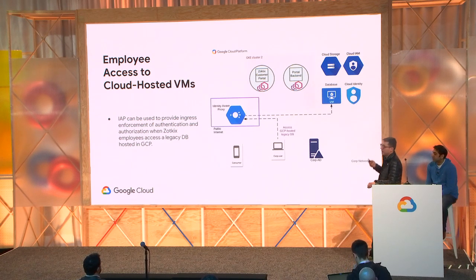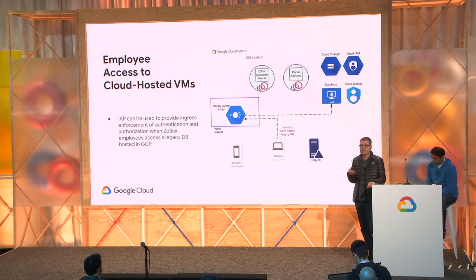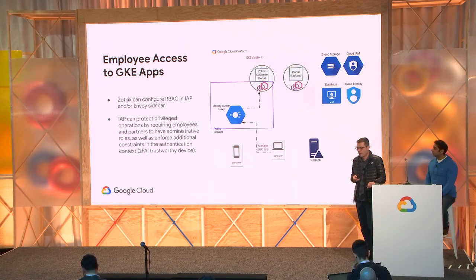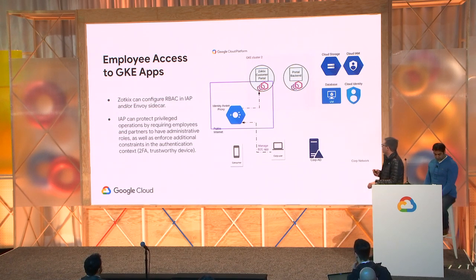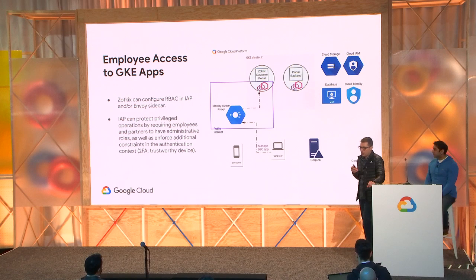And here in this scenario, we show that this can be used to protect a legacy application, such as a database VM running in GCP. Employees also can have access to their GKE apps controlled this way. Again, a similar, consistent view between the on-premise setting and the cloud setting by leveraging Istio and IAP.